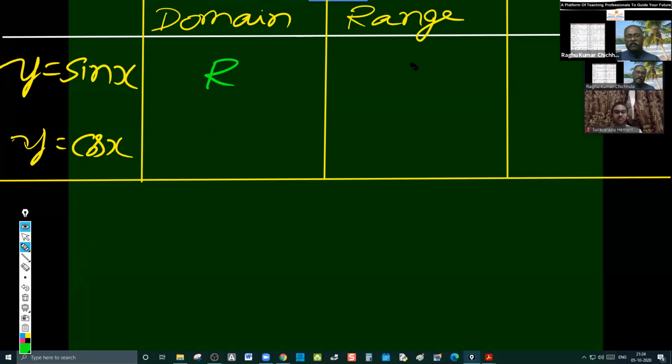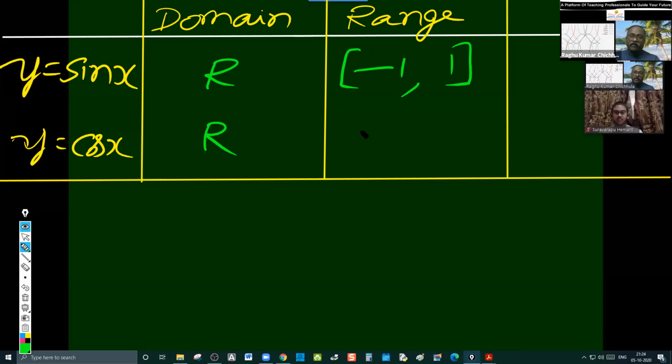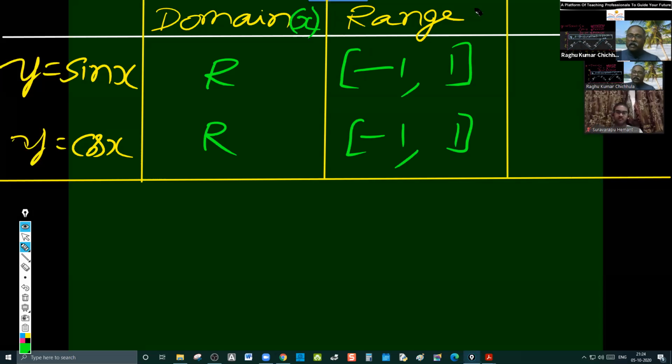What does it mean by every real number? Minus infinity to plus infinity. But the beauty here, whatever value they accept, it always lies between minus 1 and plus 1. That means, what is it that you have to understand? Domain is nothing but the value of x, and range is nothing but the value of y. So here, it is common sense, Maurya.